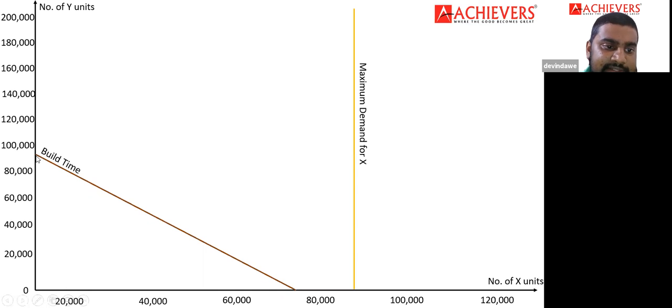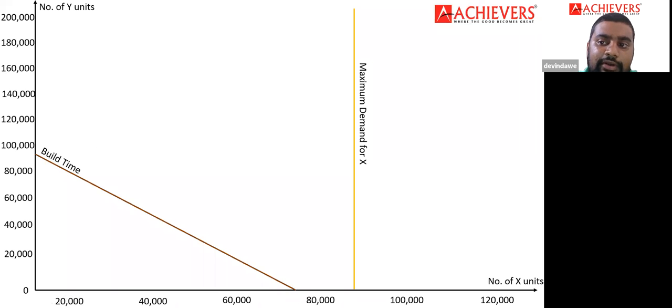Clear? When it touches the x-axis, the number of Y units will be 0 because we assume that the entire resource is allocated only for X. At the point where it touches the y-axis, the number of x units will be 0 because that is drawn assuming the entire resource is allocated only for y. Clear? Any questions? So this is how you draw a demand constraint as well as a resource constraint.